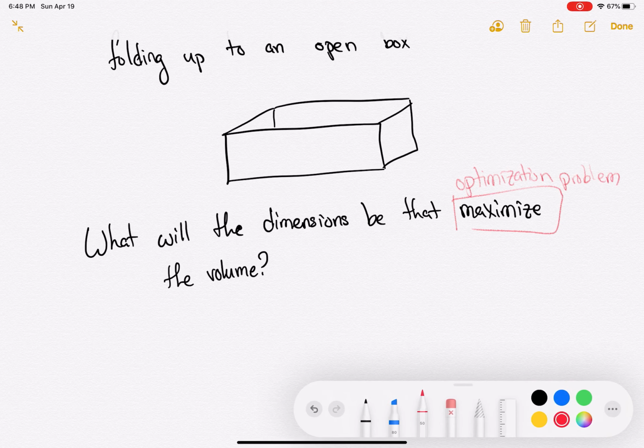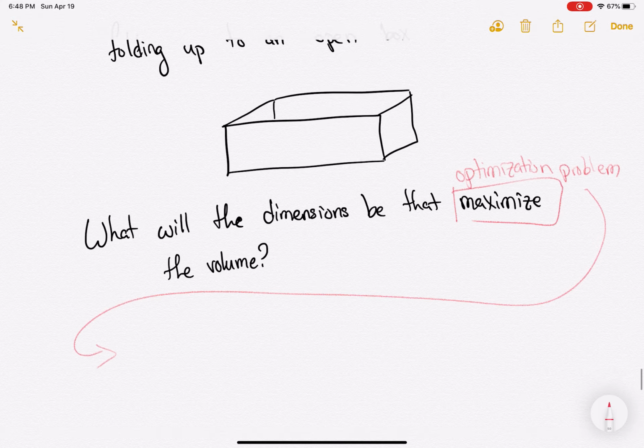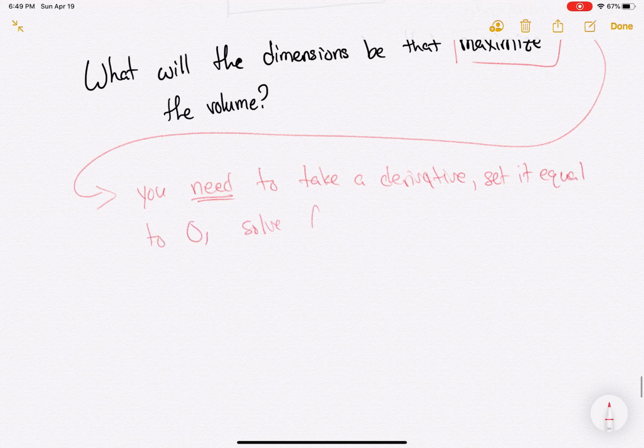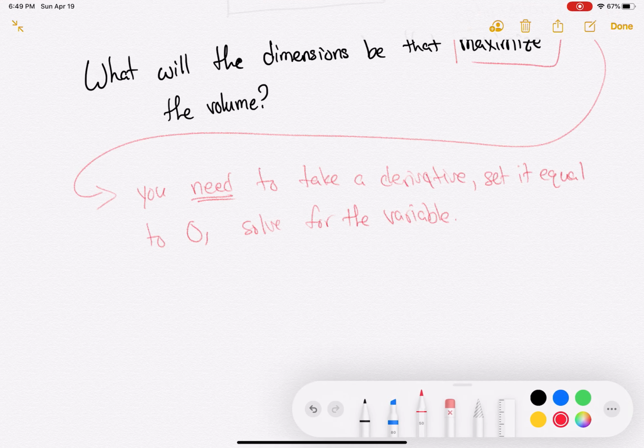Which means if it's an optimization problem, you need to take a derivative, set it equal to 0, and solve for the variable.